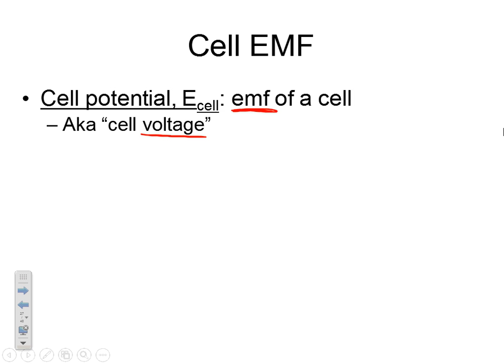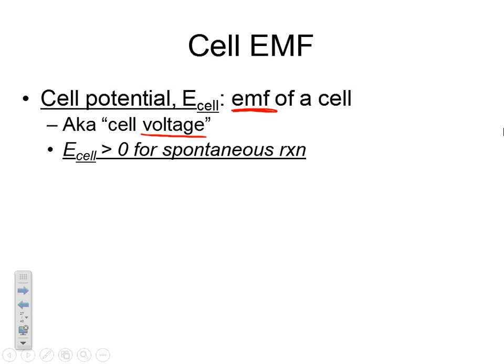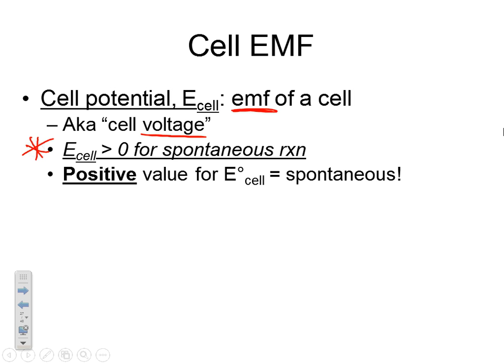Right now, we're still talking about voltaic cells, and with that in mind, the big point about cell voltage or cell potential is that it is going to be positive for a spontaneous reaction. Every time we have a spontaneous reaction, we will have a positive value for E cell, which is how we abbreviate cell potential. So that's a really big point.